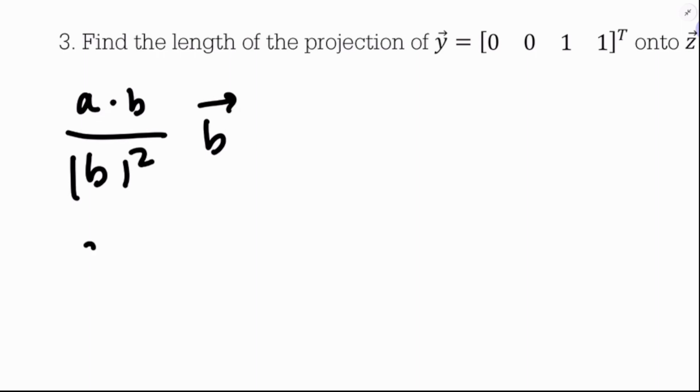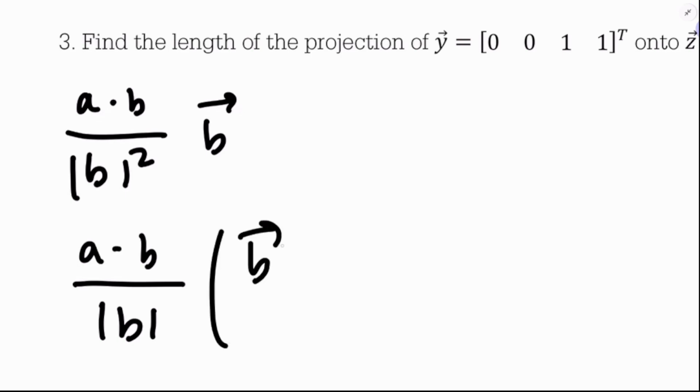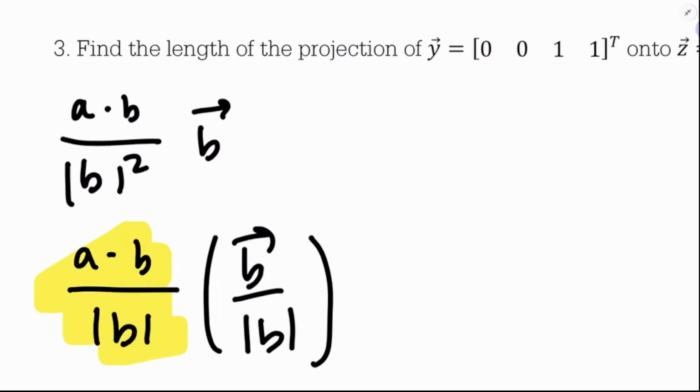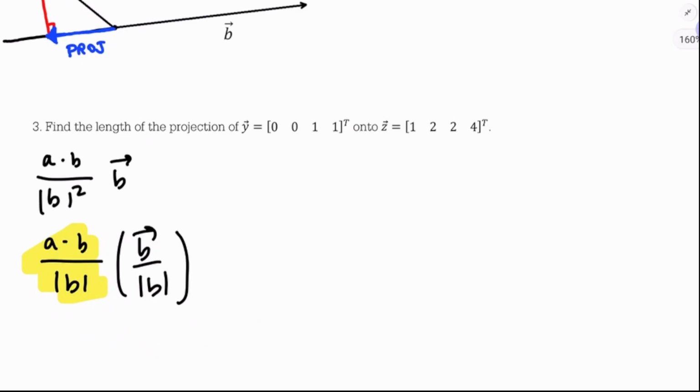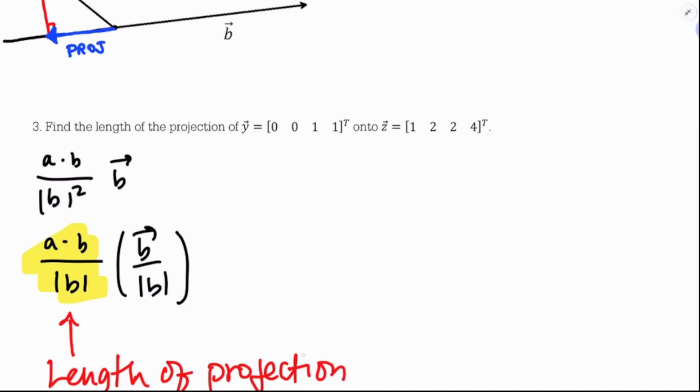But it's A dotted with B divided by the length of B times B over the length of B. If I split out that squared, that's a unit vector, so this is the length. Okay, that's what I would call the length of projection of A onto B, which is relevant.